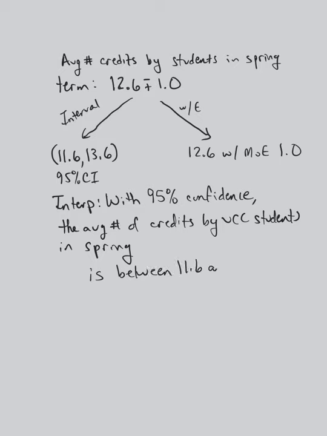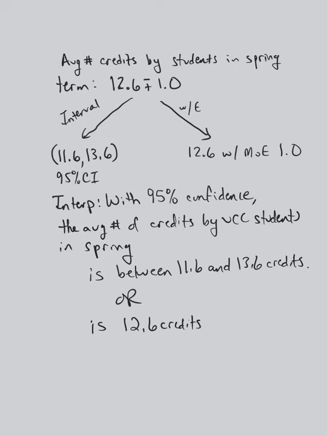Is between 11.6 and 13.6 credits. The other way is you can refer to the margin of error. You say that the average is whatever your sample average was, 12.6 credits.